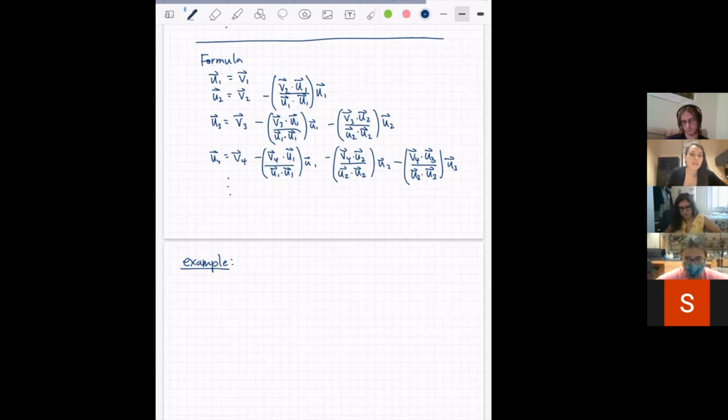Okay, so say we have the following. So these will be vectors in R4.